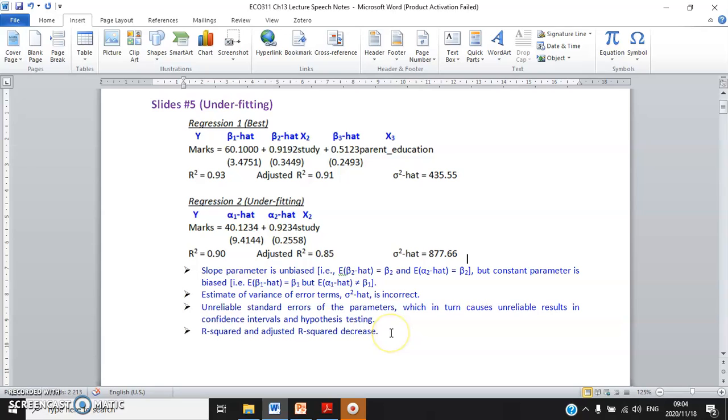Then we have to explain the consequences. Since x2 and x3 are not strongly correlated, only the constant parameter becomes biased. Do you see the huge change now? From 60 to 40. But the slope parameter in connection with x2 remains unbiased because x2 and x3 are not strongly correlated.